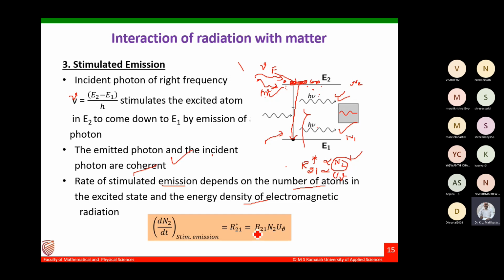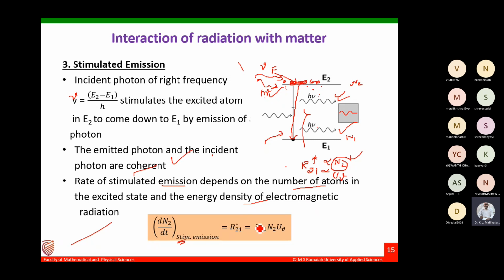In the combined effect, we can write dN2 by dt for stimulated emission. Please remember, as in the previous spontaneous emission, again I am only talking about how the number of atoms in the higher energy level would decrease as a function of time. Therefore, we are still writing dN2 by dt. Just to distinguish, we write the suffix stimulated emission. In the previous one, we wrote spontaneous. And we have star also.